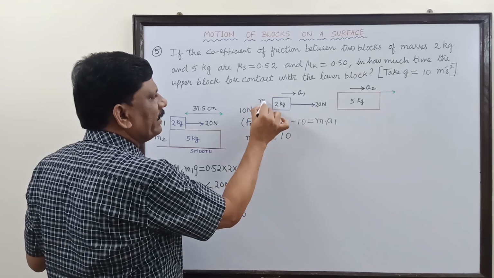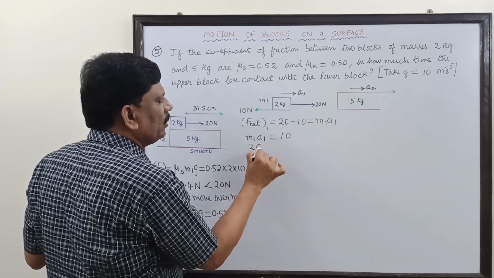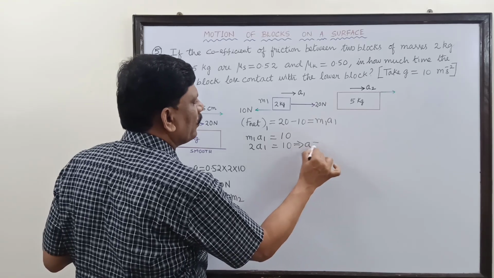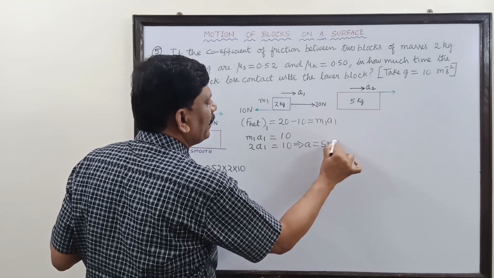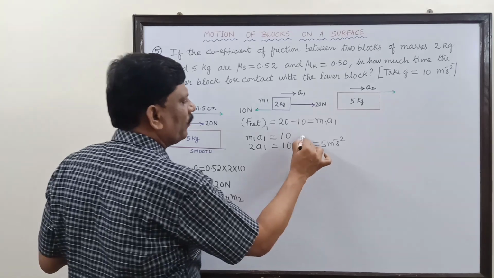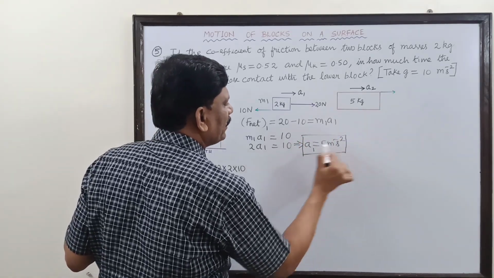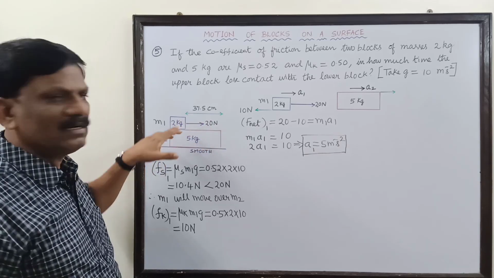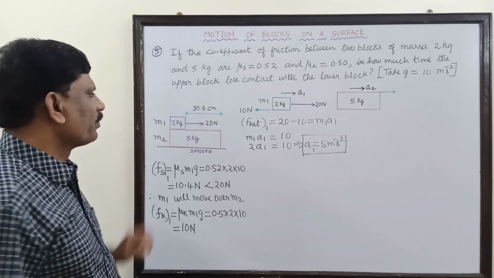So 2 into a1 is equal to 10. This implies a1 is equal to 5 meter per second square. That is the acceleration of the first mass.